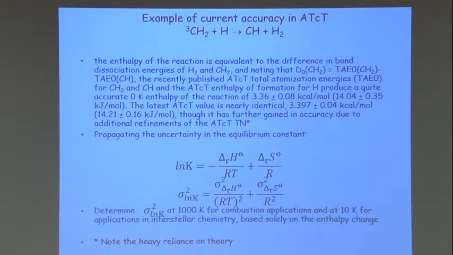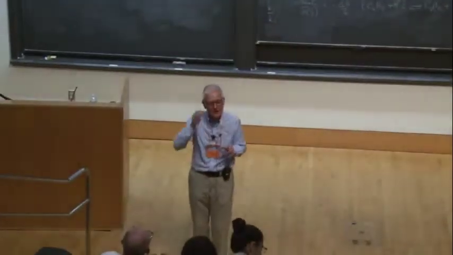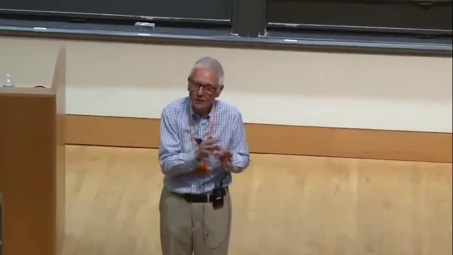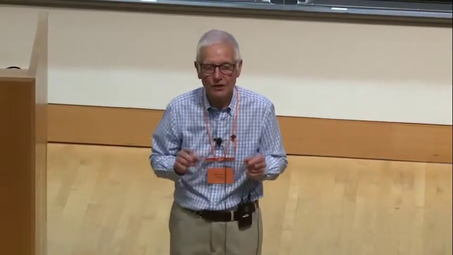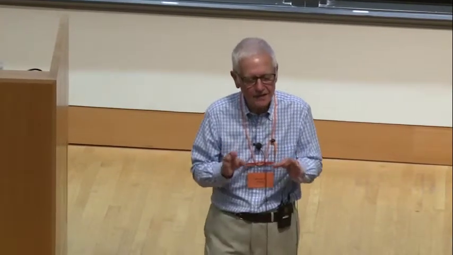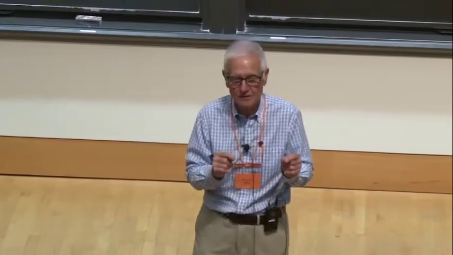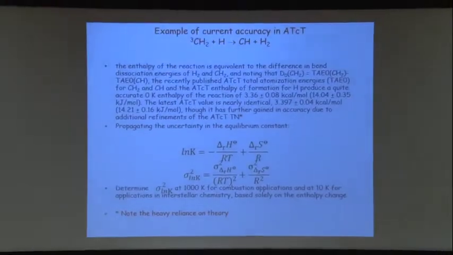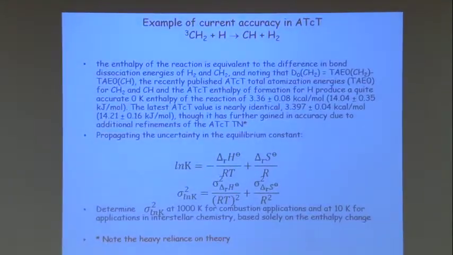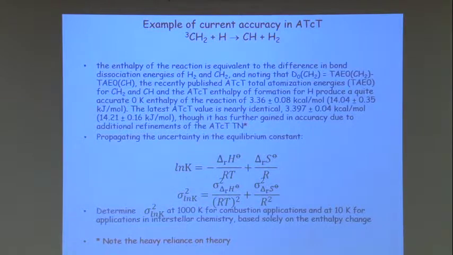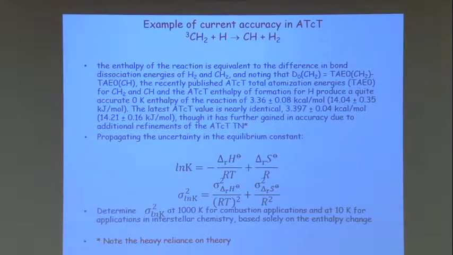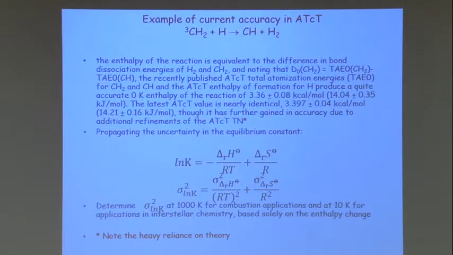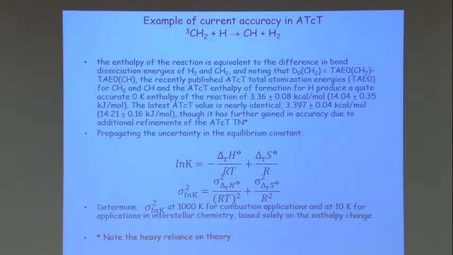And so you need very, very accurate determinations of rate constants and of enthalpies of reaction, of activation energies, sorry, in order to be able to determine rate constants accurately. And so this was a determination of the enthalpy of this particular reaction here, which was used to determine quite accurately the rate constant for this direction, triplet CH2 plus H, from very accurate measurements of CH plus H2.